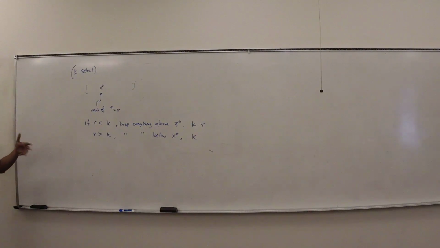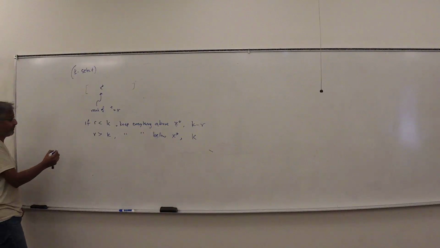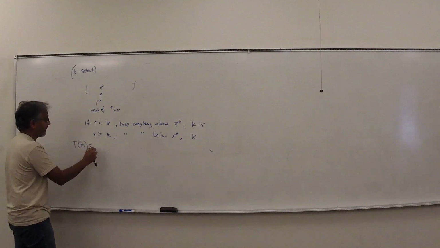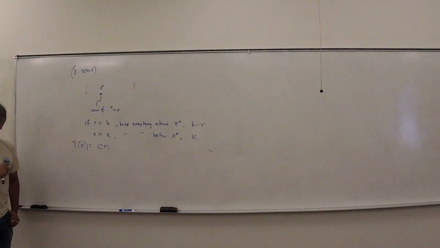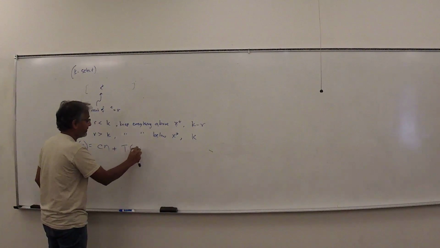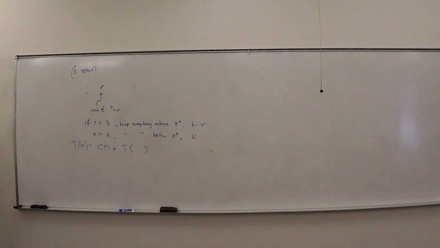And if you had to now say, well, how long is it going to take to run this procedure, then again, there's the recurrence. And so let's say we're trying to find the median. So T of n is going to be some linear amount of work to do all these rank calculations and filtering, plus T of what? What is the size of the subproblem? N minus R. Always.